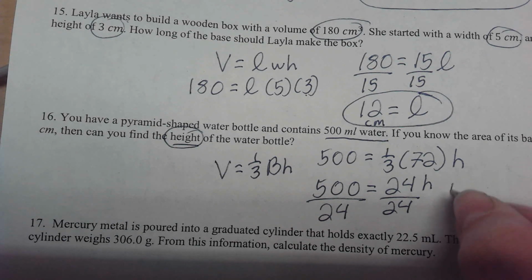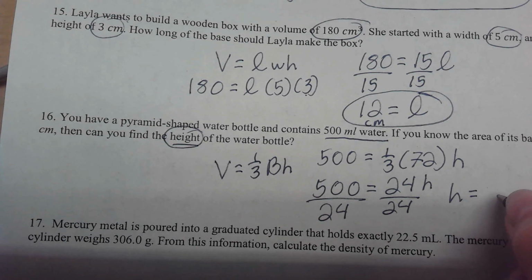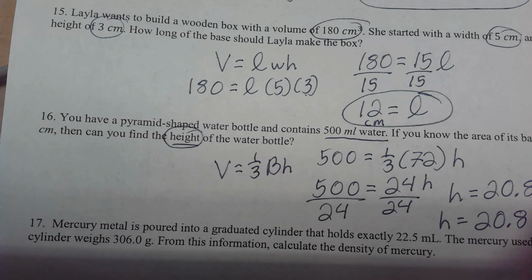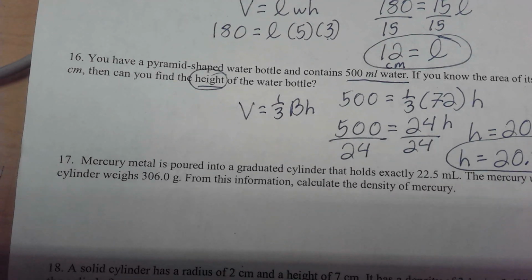Okay, so I get that the height is equal to 20.83. Remember, 5 and up, round it up, so we're going to leave it as 20 and 8/10 milliliters. Okay, everybody, because remember, we're doing volume.